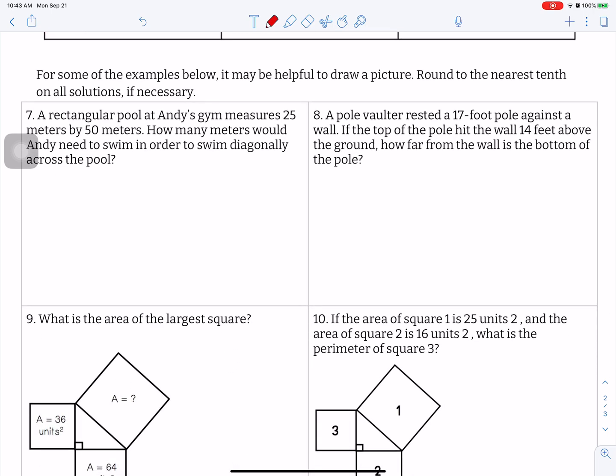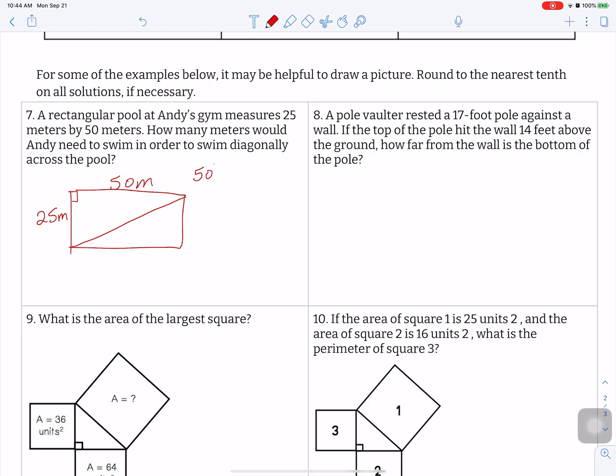Our next problems, these are just story problems, so we're going to try to figure out where I have a right triangle. A rectangular pool at Andy's gym, so I'm going to draw it out, measures 25 meters by 50 meters. How many meters would Andy need to swim in order to swim diagonally across the pool? Every time I'm looking for that right triangle, and then I'm going to do 50 squared plus 25 squared, and that's going to equal this diagonal length.